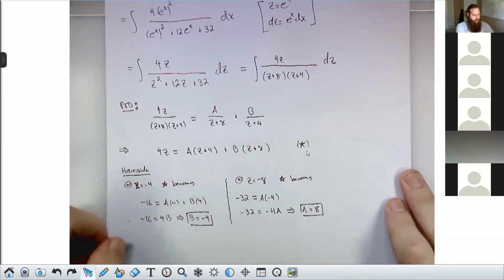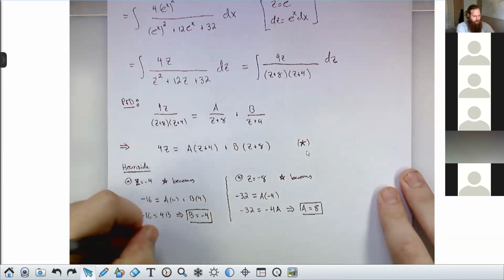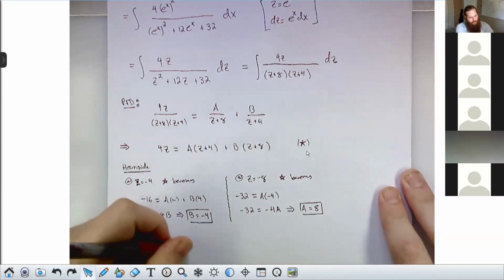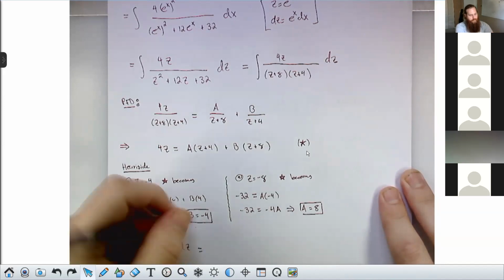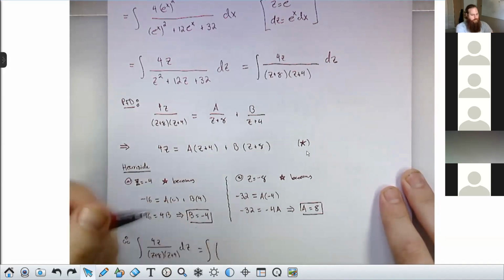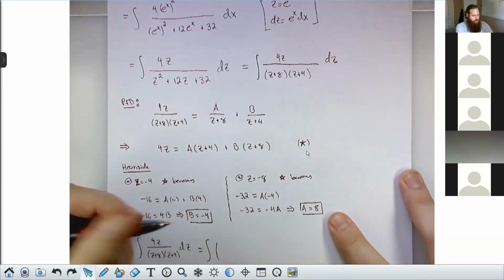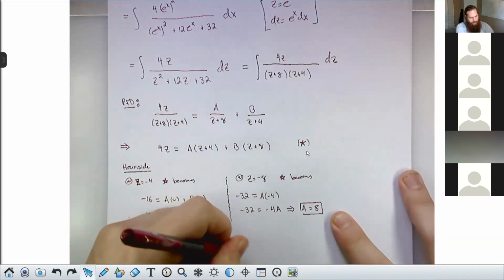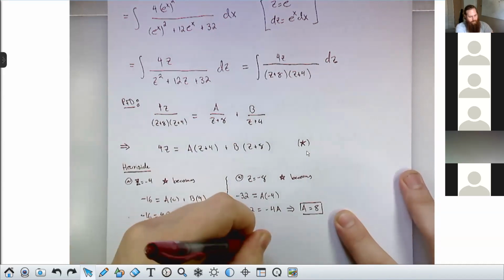So now my integral 4z over z plus 8 times z plus 4 dz I know to be integral of 8 over z plus 8 minus 4 over z plus 4.